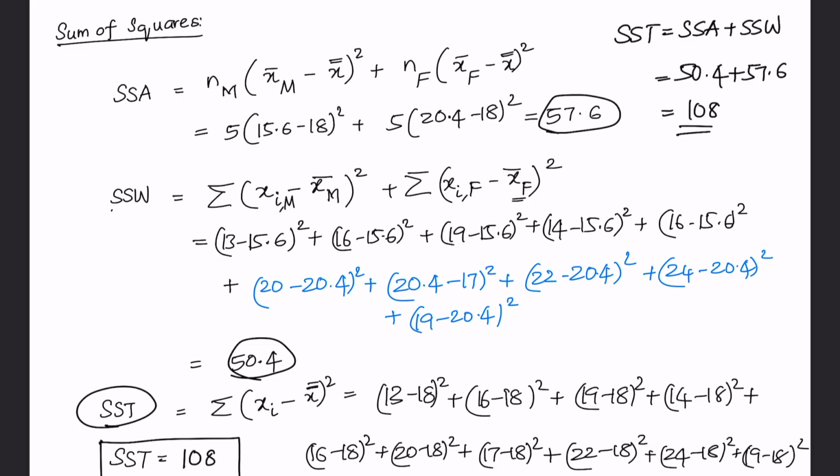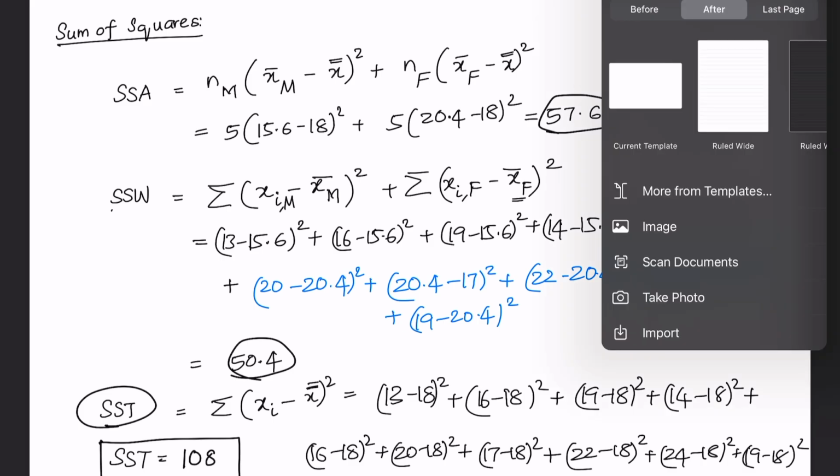Now we have all the values. Now let's try and construct the ANOVA table. What would the ANOVA table look like here? The source of variation, whether it is between the samples or within the samples.